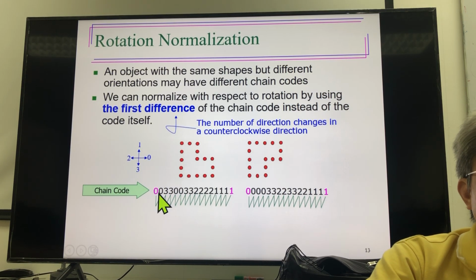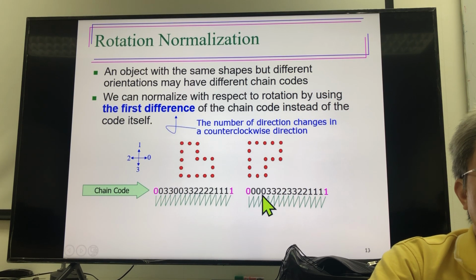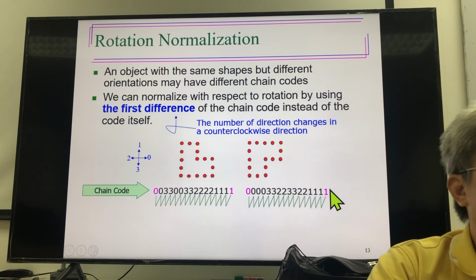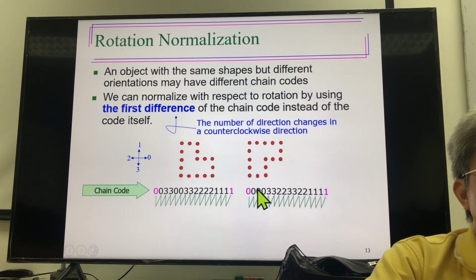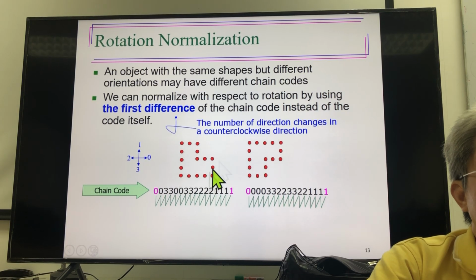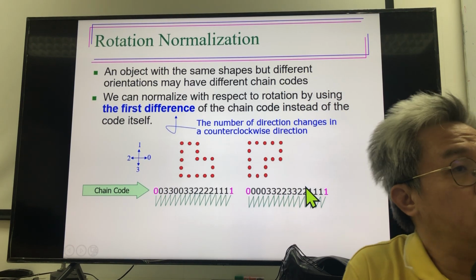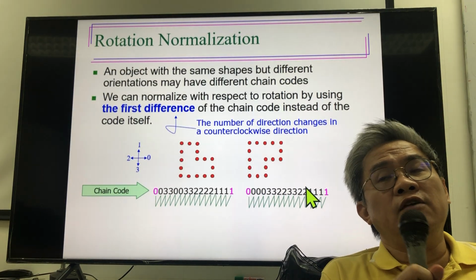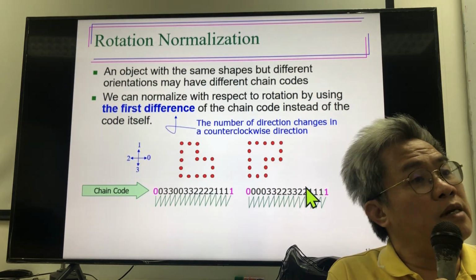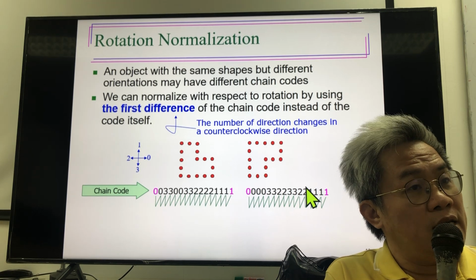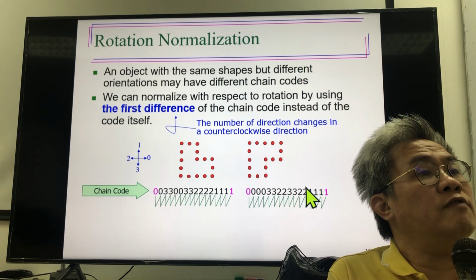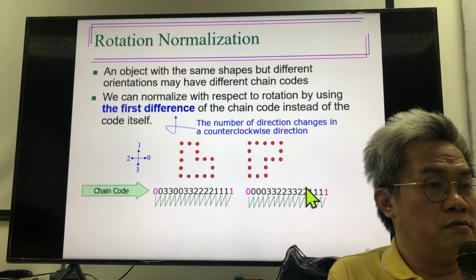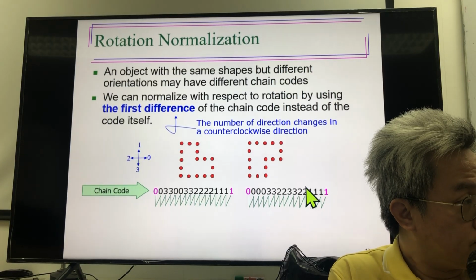You can see that these two are different chain codes. That means these two represent two different objects. Of course, if we take a look at this object, it's the same object, but rotated. Suppose we want another descriptor that is invariant to rotation. What should we do?